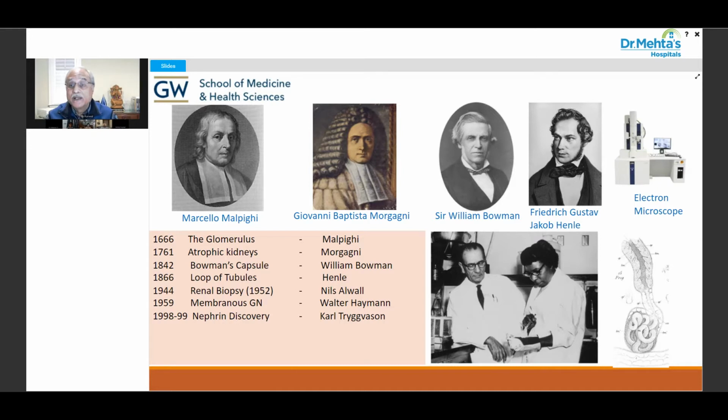That's when nephrology truly began picking up speed. Yet it has taken almost 50 years to come to where we are at this time, where the discovery of the nephron and the underlying molecular mechanisms of renal disease are being understood.